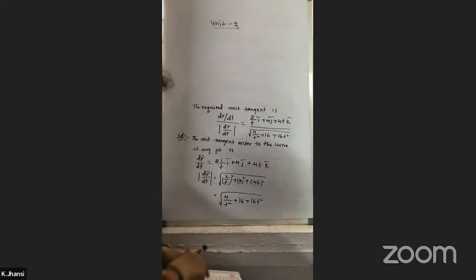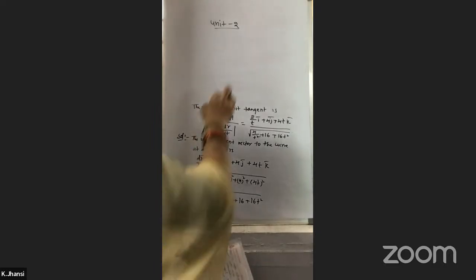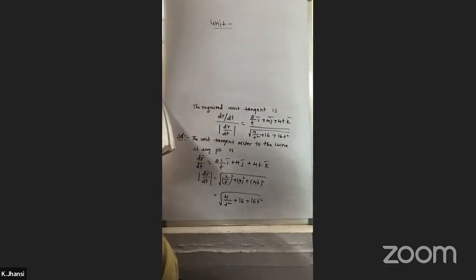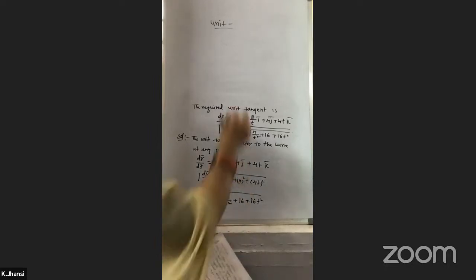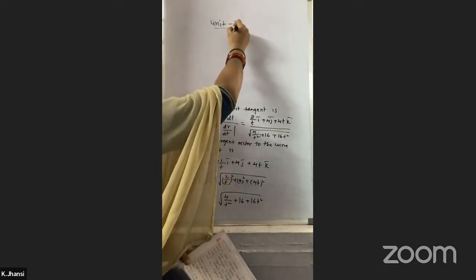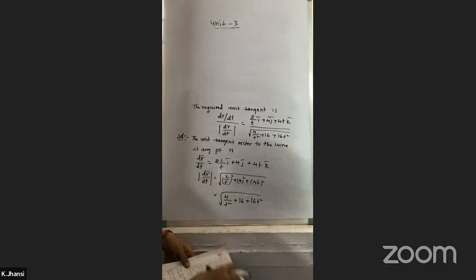So you have the definitions of what is gradient of a vector, what is divergence of a vector, and what is curl of a vector, and how they are defined.